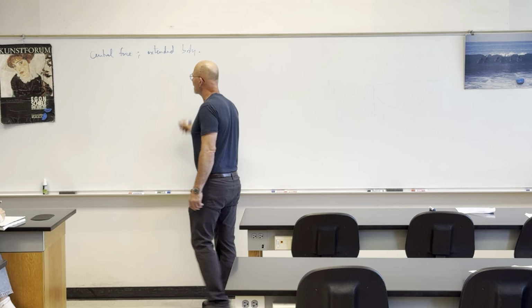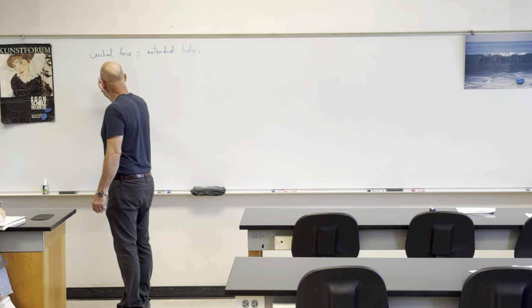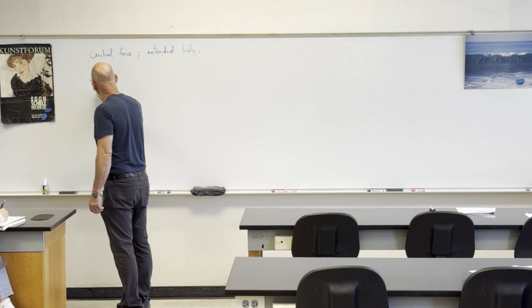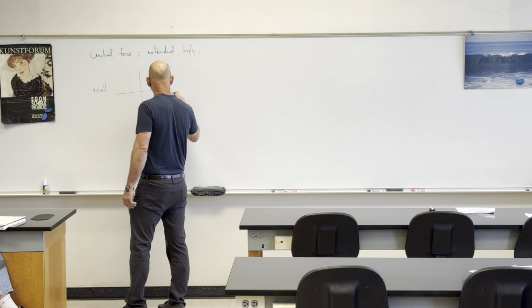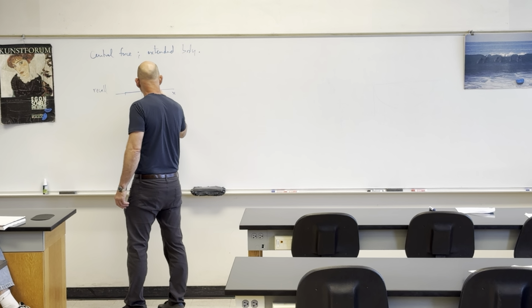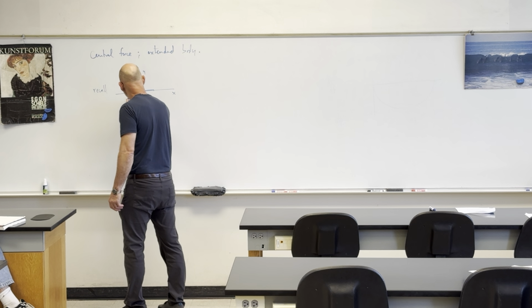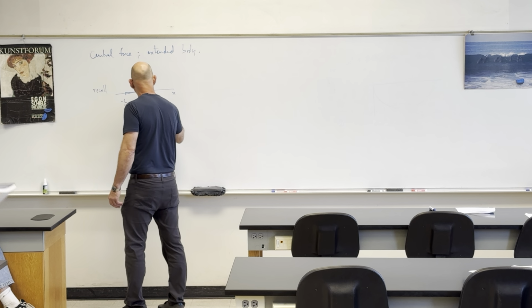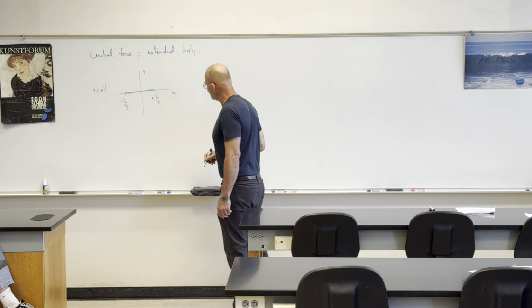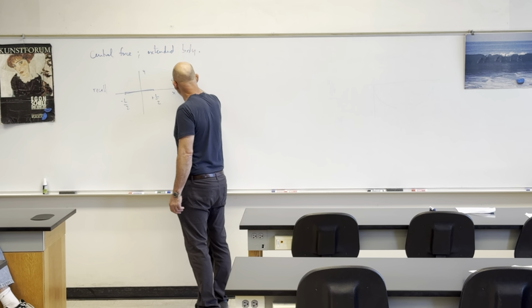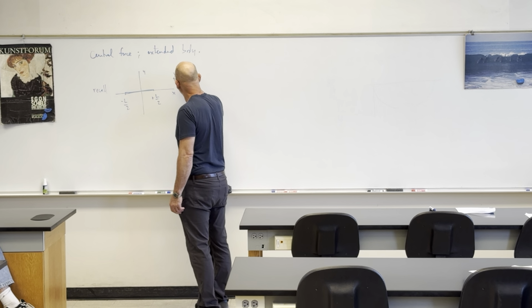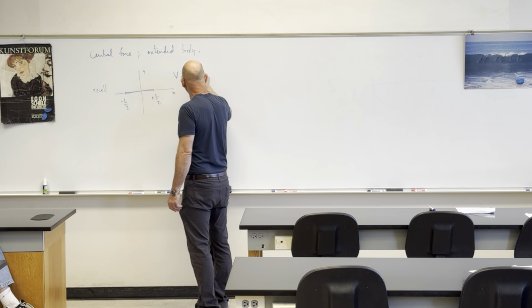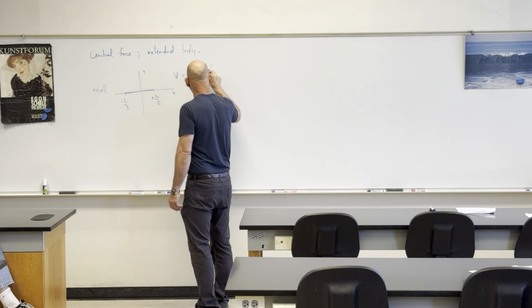There we go. Good. So the thing was this, we started with this extended body, namely a rod, a gravitating rod of length L. And we said, okay, we're going to add up all of the potentials, so we're going to use V equals minus G integral dm prime over r prime.